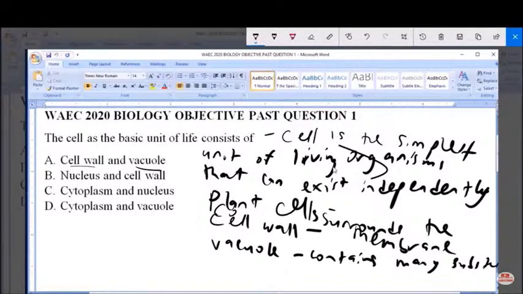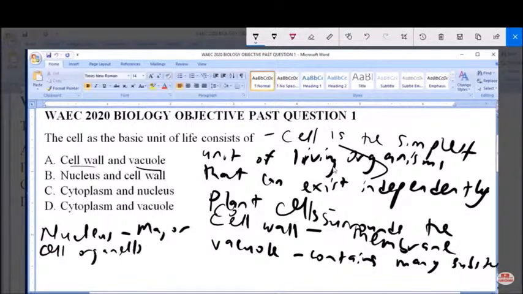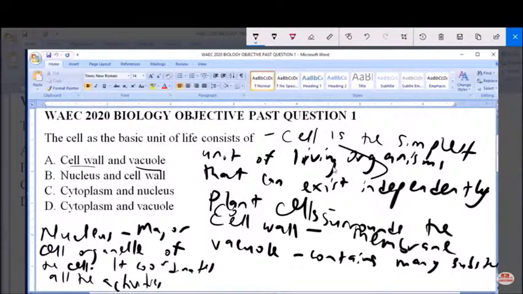Now, the nucleus is the major cell organelle of the cell. It coordinates all the activities of the cell.